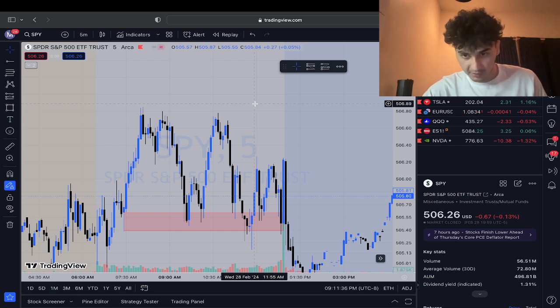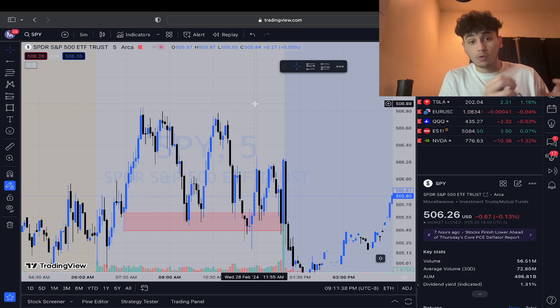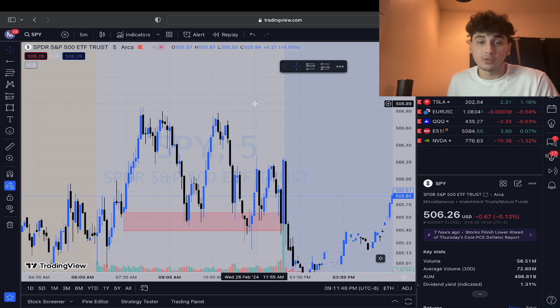And obviously where the strong orders are, that is where we want to trade with, right? So when we see that large move, that's basically what we want to create as our zones, right?